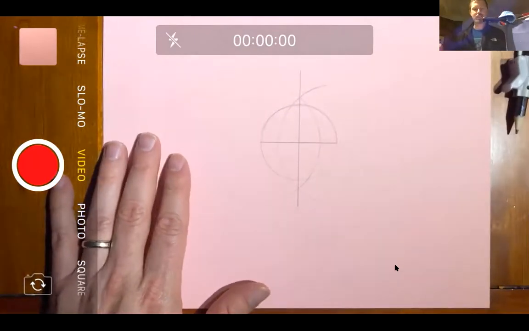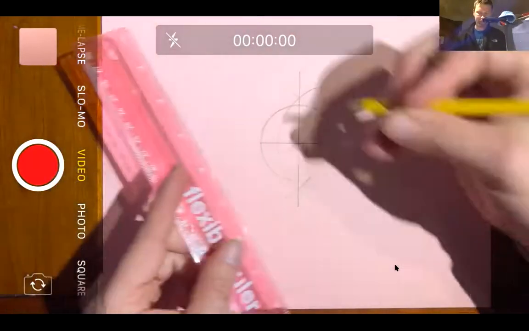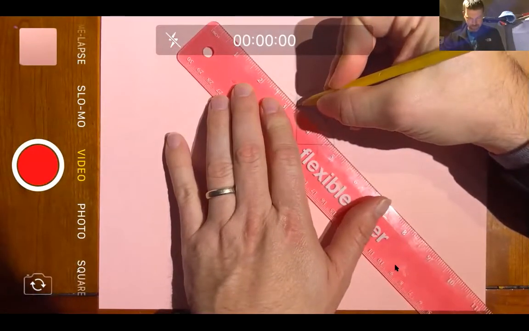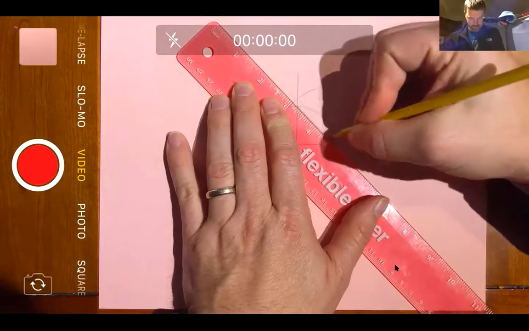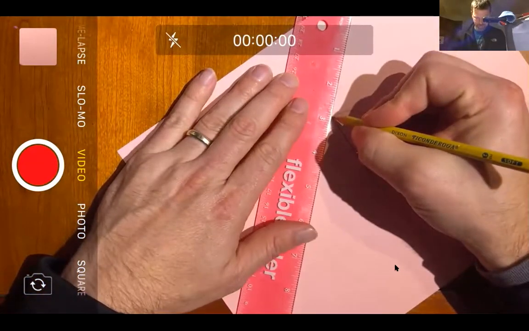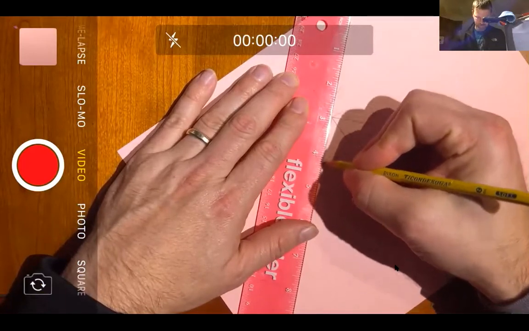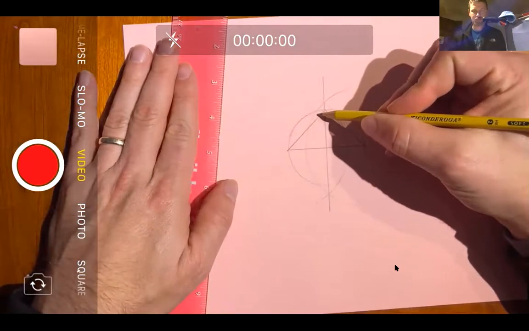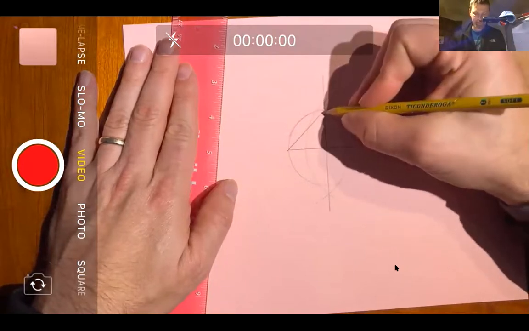Now, the reason this is such a slick way to make a square is if I connect those points, and I connect those points, that is an angle inscribed in a semicircle, which I believe we've learned before is a 90-degree angle.